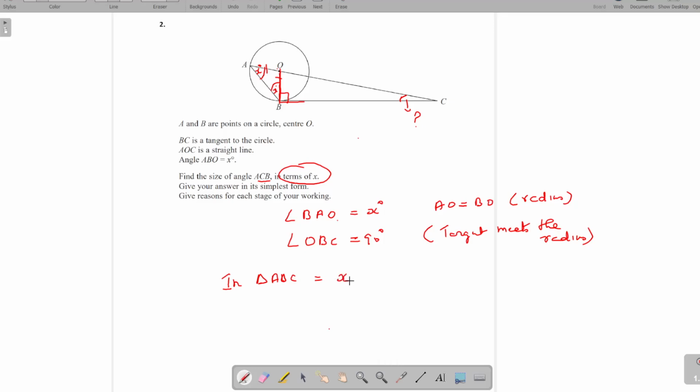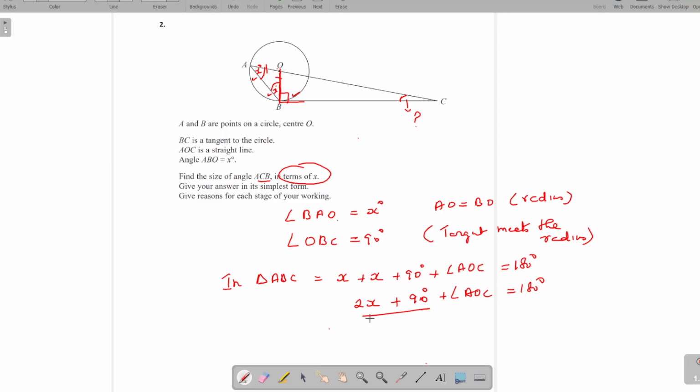So x plus x plus 90 plus angle ACB is 180. So 2x plus 90 plus the angle is 180.